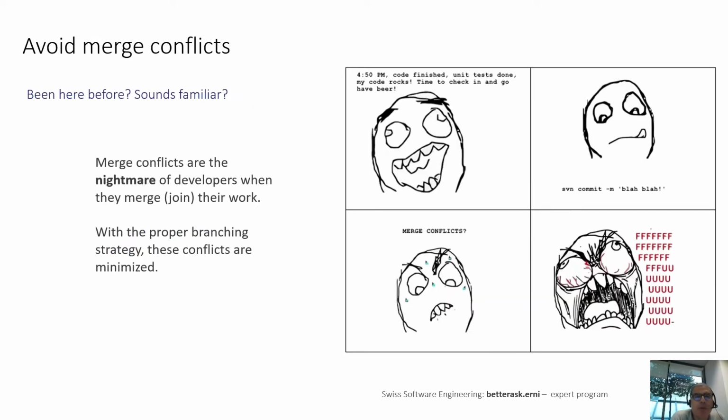I mentioned before, you will also avoid merge conflicts. You see this cartoon here. I'm not sure if you can read it. You have maybe been in this situation: you're about to leave, you have to deliver something for tomorrow, and you say, okay, I'm going to publish my changes. This is in Subversion, but it can also be like that in Git.